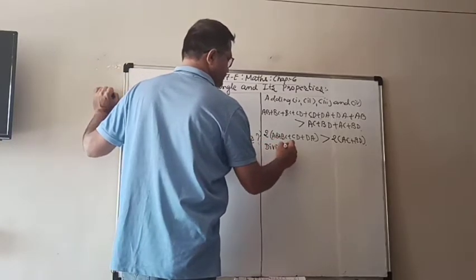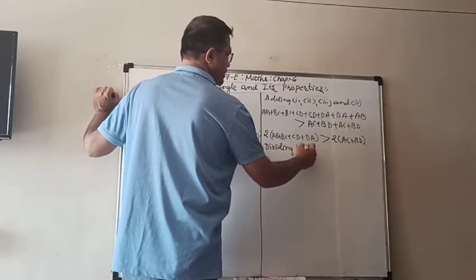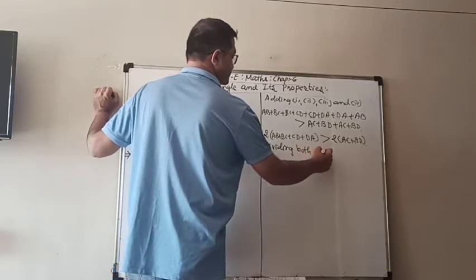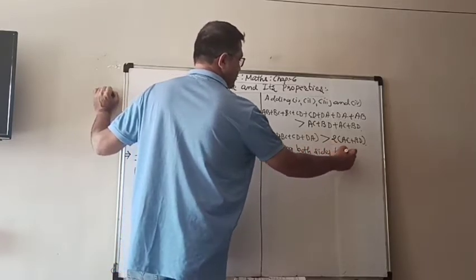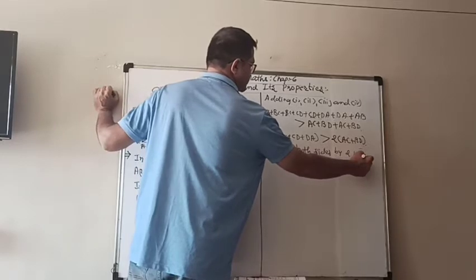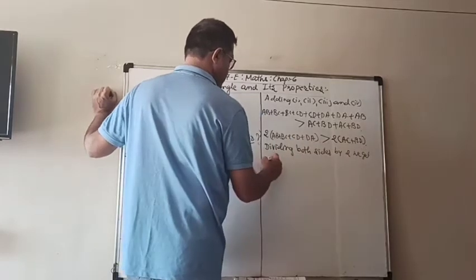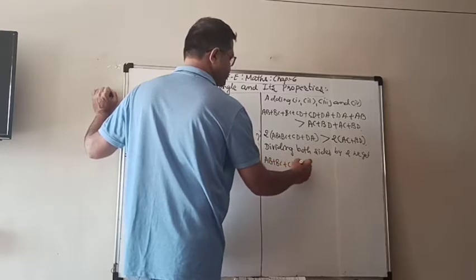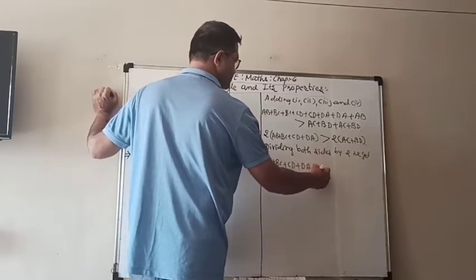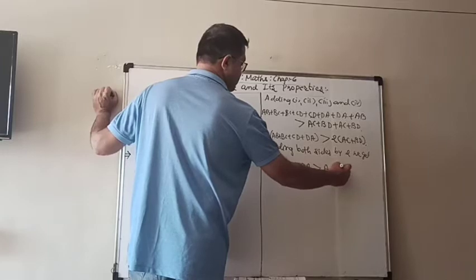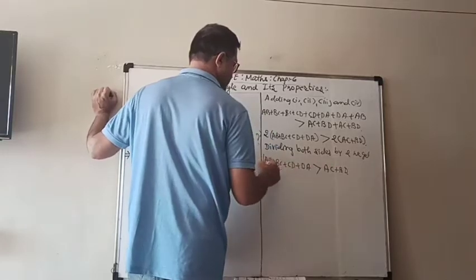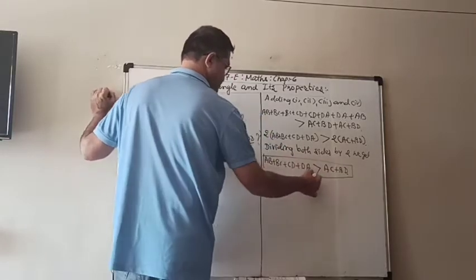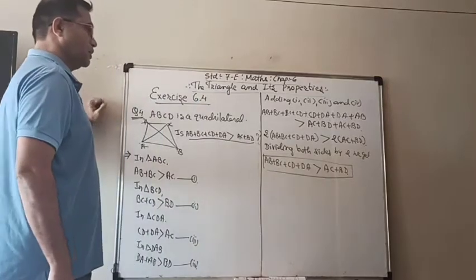Dividing both sides by 2, we get AB plus BC plus CD plus DA is greater than AC plus BD.